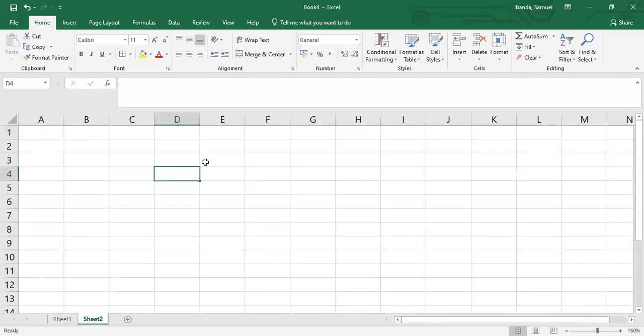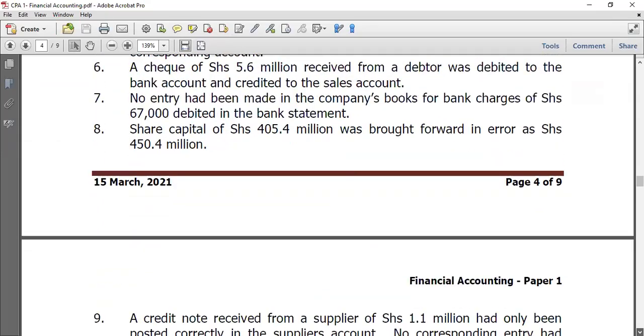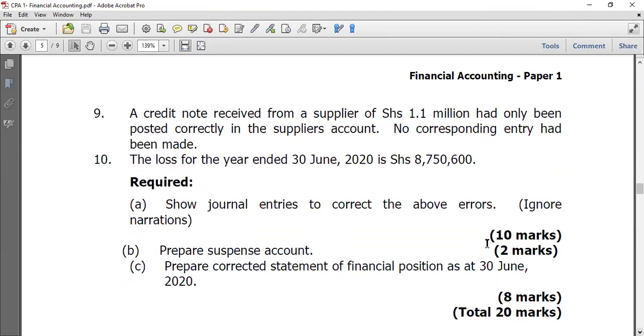Now, every time you're correcting errors, like I said, the suspense account comes in handy here, but let's just see what this question was requiring us to do. This question was asking us to correct the above errors, and then they're also telling us to prepare a suspense account.